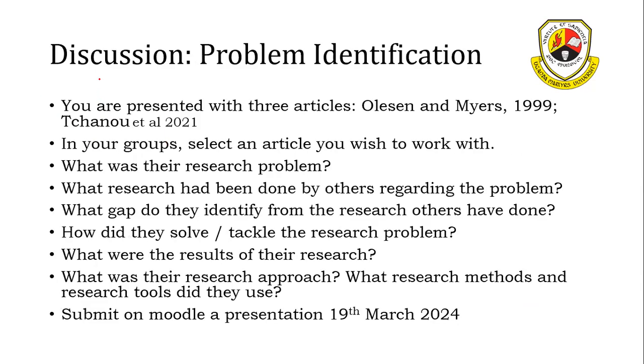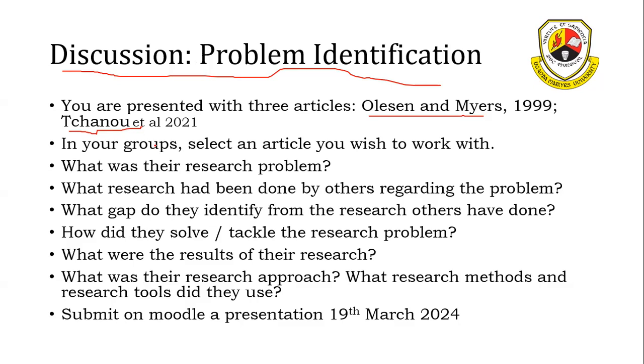So this is your group assignment, problem identification. I've given you 2 articles, Olsen and Myers, and another. In your groups, select an article you wish to work with. Identify the research problem.